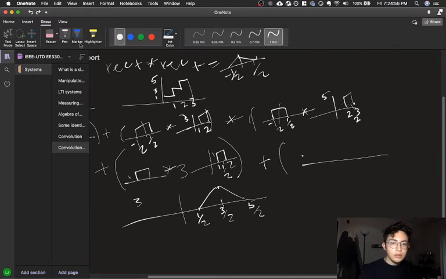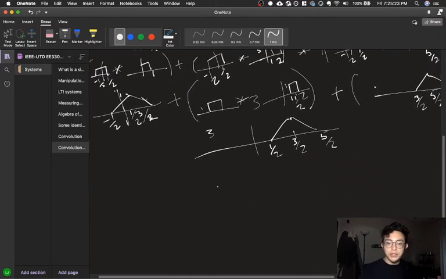So this is centered at 5 halves. So we would just have a peak at 5 halves. And then the left, so 2, so it would be 3 halves. Left side plus left side is 3 halves, and then right side plus right side is 7 halves. And then we'd have our 3 signals, and then we'll just add them together.